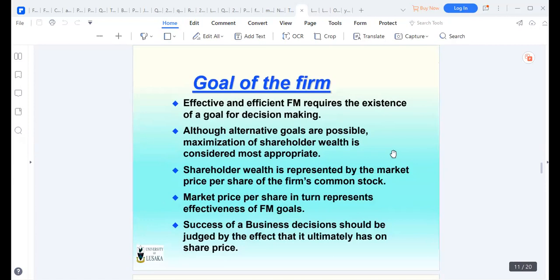So lastly, we also need to understand that as a financial manager, you need to harmonize the goals of a firm to that of the shareholders. So effective and efficient financial management will require you to understand what the firm is there for.